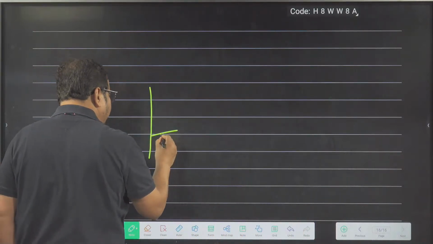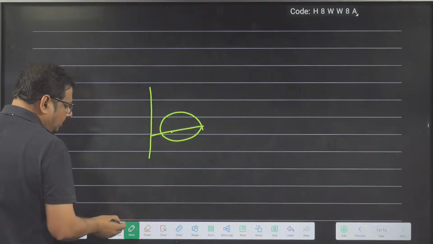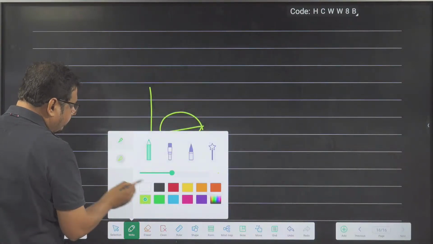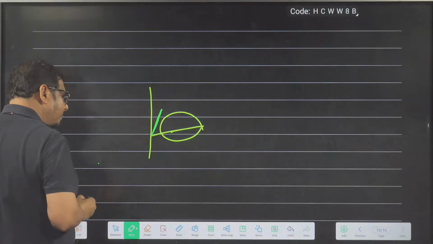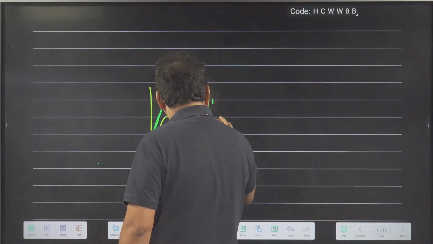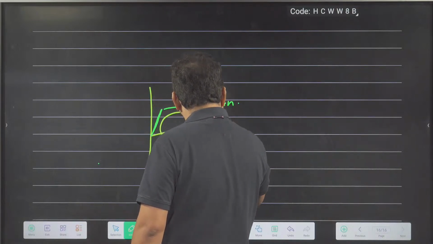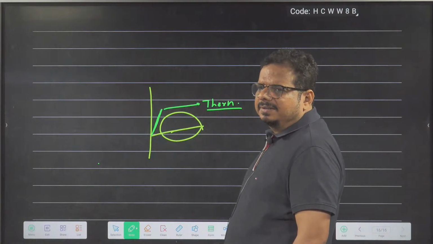If you see the leaf of citrus, what happened in citrus? These axillary buds become pointed, and these pointed axillary buds become thorns.